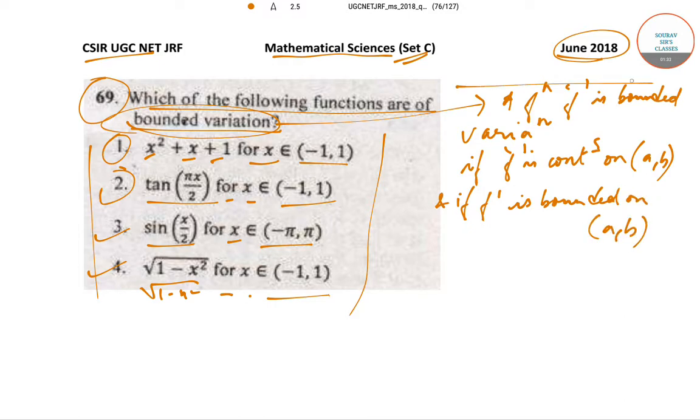So these are the two conditions for a function f to be of bounded variation. Now let us start off with option 1.